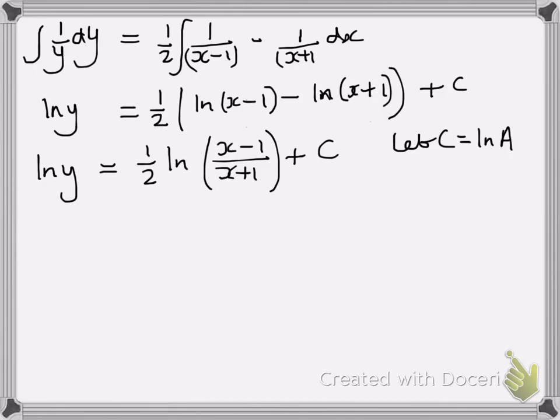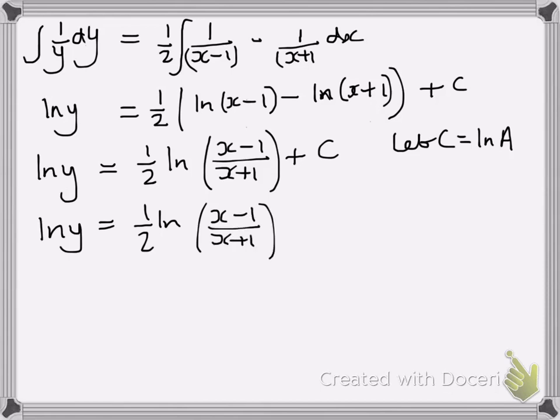So now I have ln y equal a half ln (x minus 1 over x plus 1) plus ln a, which I can now write using my laws for logs again.